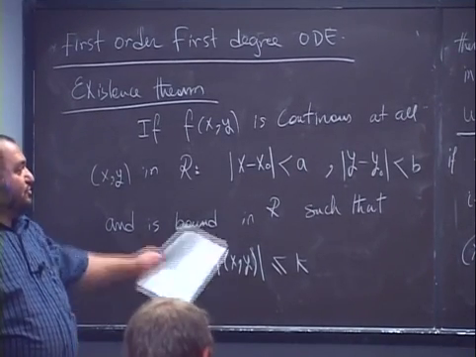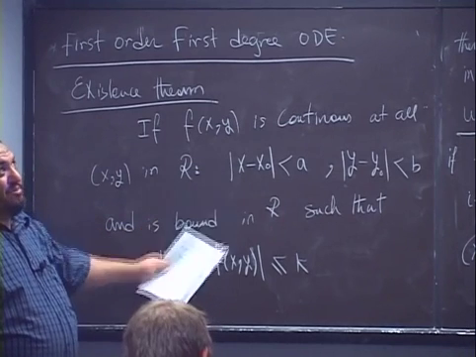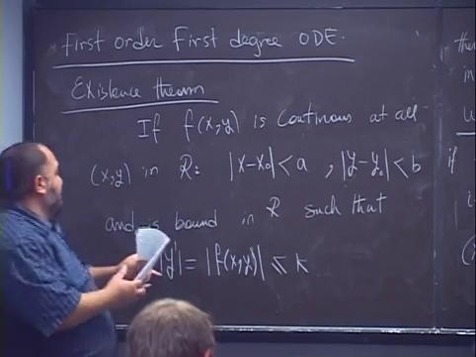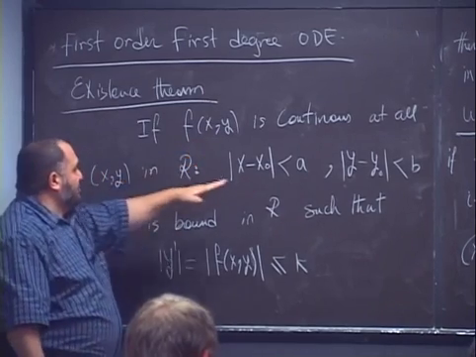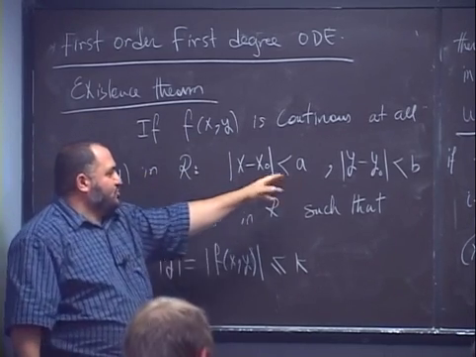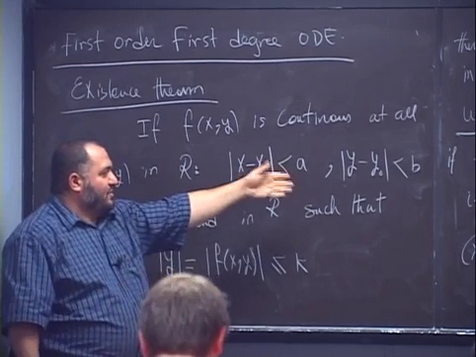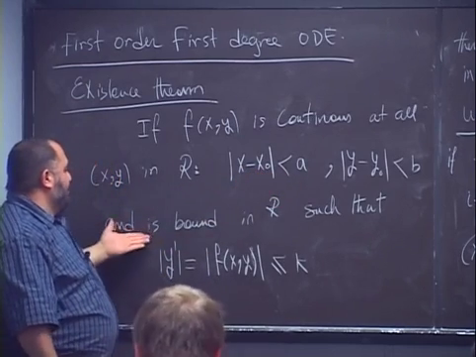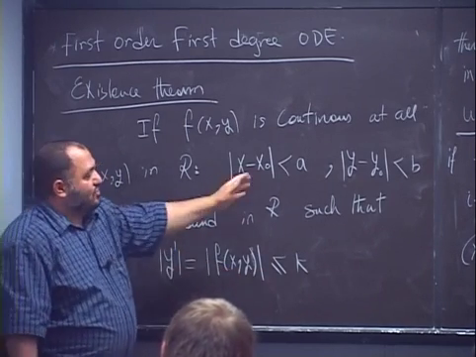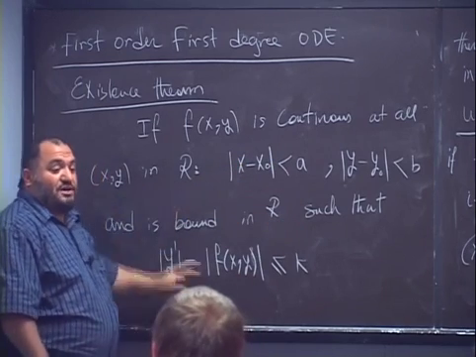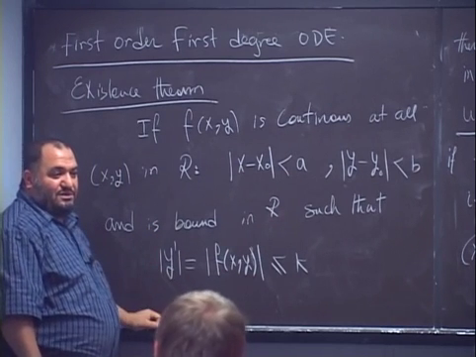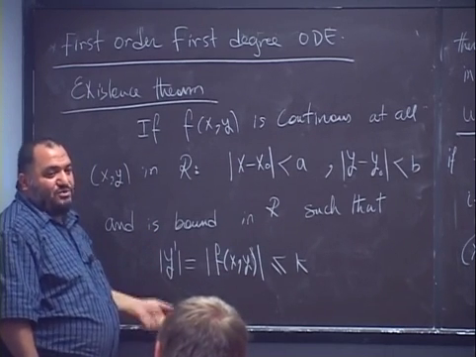Sufficient means if you have an equation y prime equal to f of x and y, and the function f of x and y is continuous in all x and y in the region R, where R is given by these two bounds, x minus x naught less than a and y minus y naught less than b, and the bounding condition is just y prime less than a certain number k, and the uniqueness condition is also satisfied for f of x and y, this indeed indicates that you have a solution, and this solution is unique.